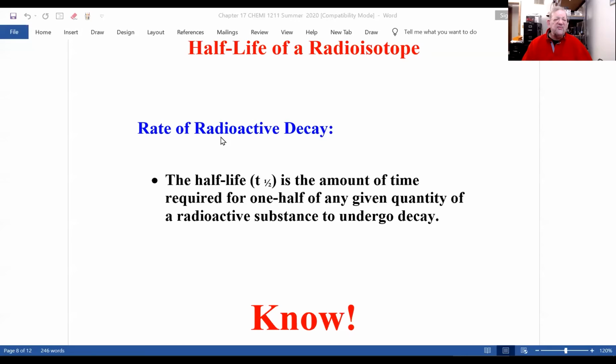Let's talk about the rate of decay, otherwise known as the half-life of a radioisotope. The half-life, symbol T1/2, is the amount of time required for 1/2 of any given quantity of a radioactive substance to undergo decay.